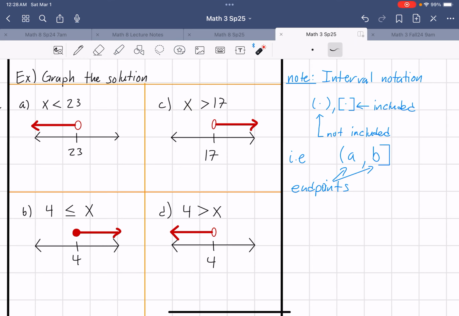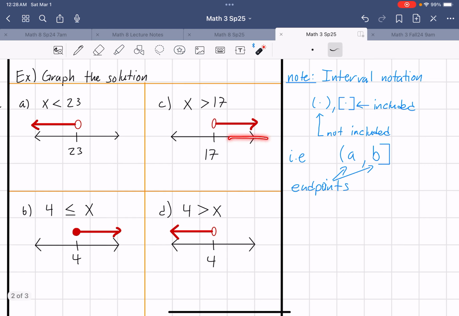There's an infinite amount of numbers, not just between 17 and 18, but continuing forever. All those numbers satisfy our statement. But we need to be able to show the endpoints. But here, if this goes to the right forever, or any of these other examples that are continuing in one direction forever, there is no endpoint.